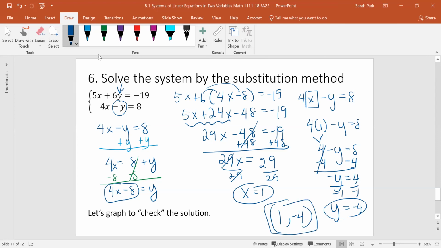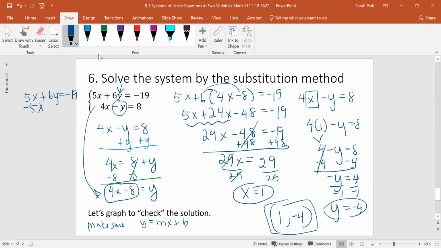Okay, we could also graph this to check the solution. The thing with graphing is that it has to be in y equals mx plus b form. So you have to make sure your equation is in y equals mx plus b form. We already got the bottom equation in y equals mx plus b form. It's 4x minus 8. Let's get the top equation into y equals mx plus b form. So 5x plus 6y equals negative 19.